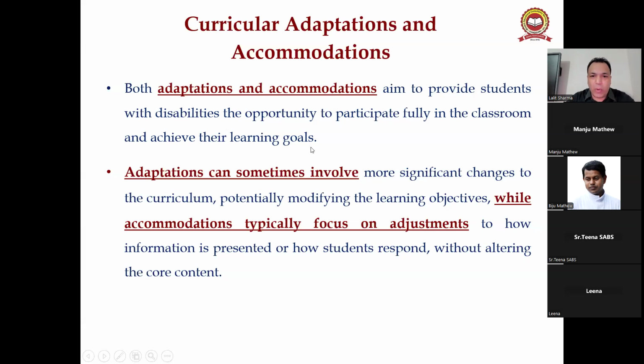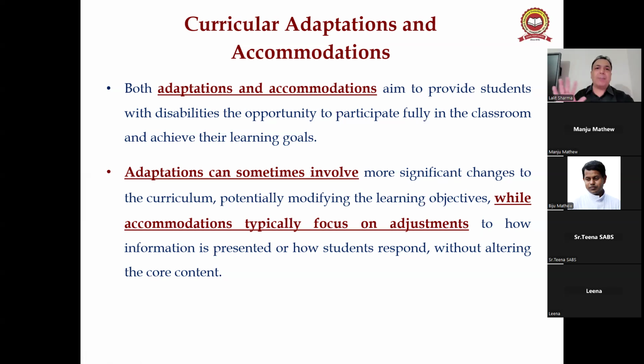Adaptations can sometimes involve more significant changes to the curriculum, potentially modifying the learning objectives, while accommodations typically focus on adjustments to how information is presented or how students respond without altering the core content. Got it?